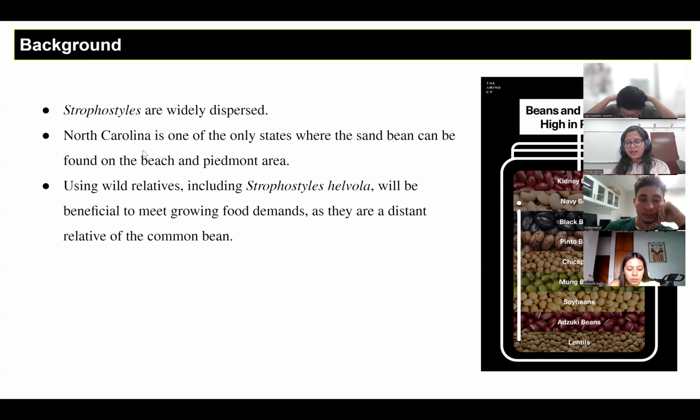This species is widely dispersed, and in North Carolina, where I did my PhD, you can find them.